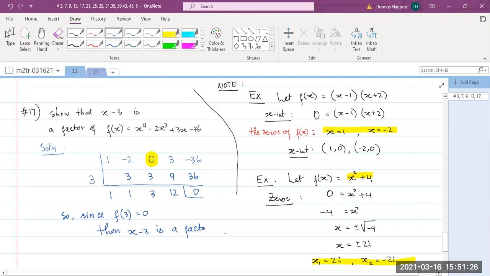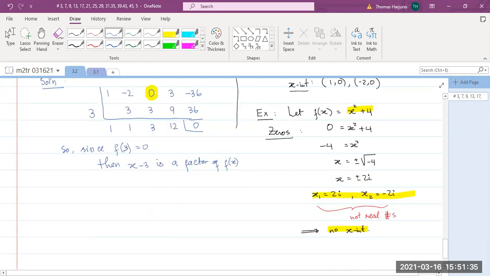of f(x). In fact, we can say further that f(x), which is x to the 4th minus 2x cubed plus 3x minus 36, can be factored to be x minus 3 times x cubed plus x squared plus 3x plus 12.